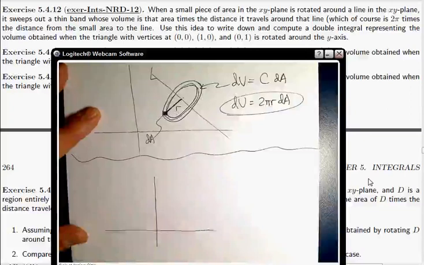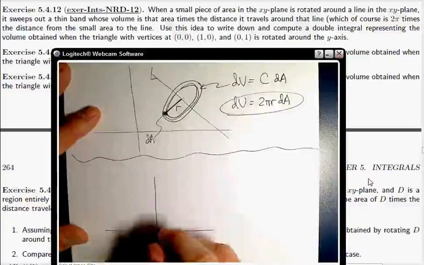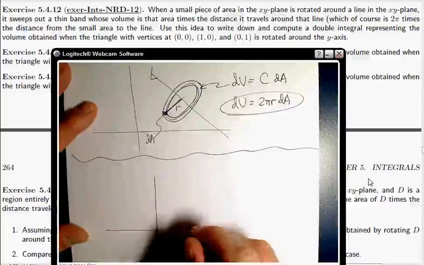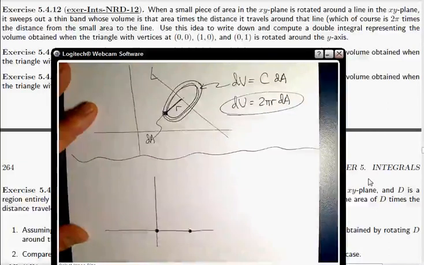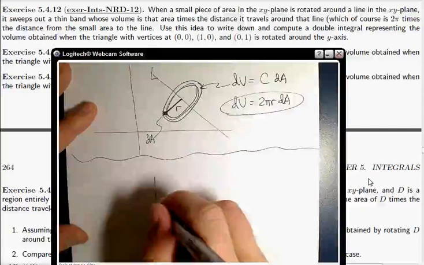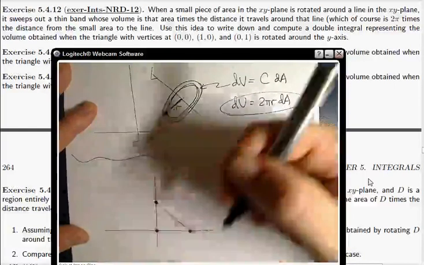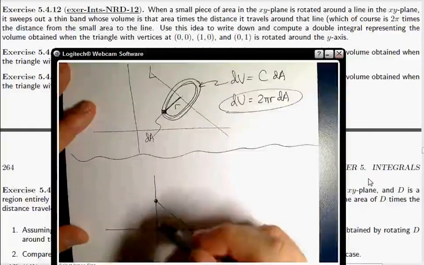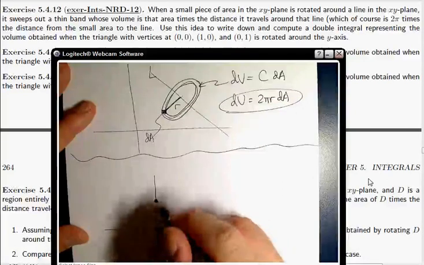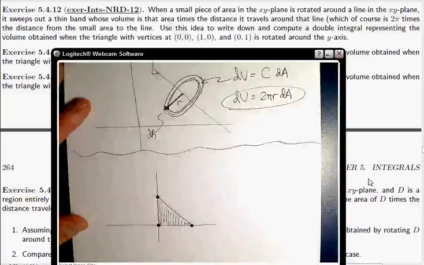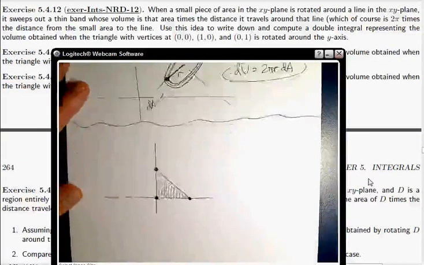The vertices are at the origin, (1, 0) and (0, 1). So here's our triangle.